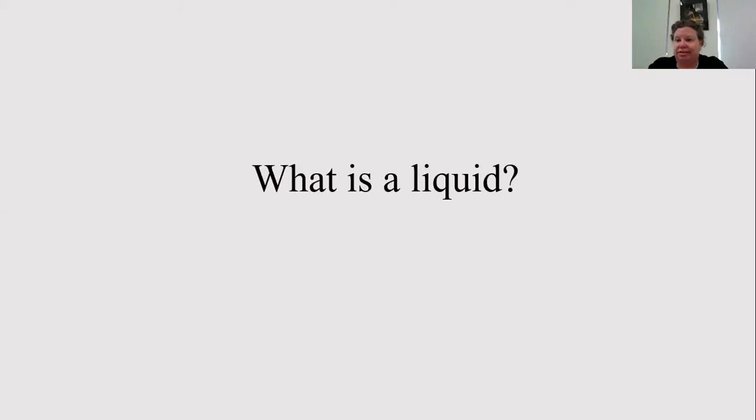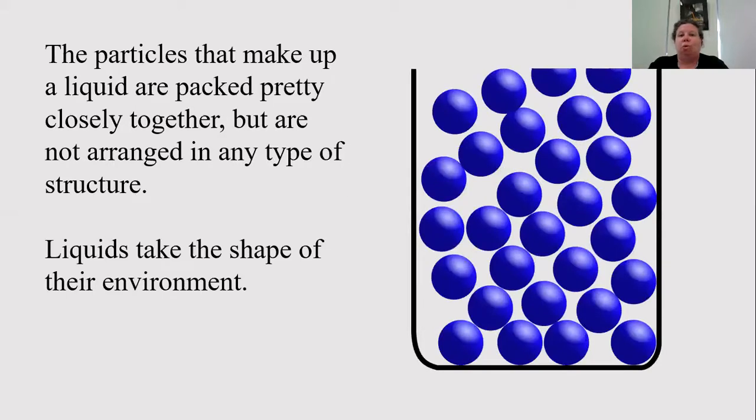Another state or form of matter is called a liquid. Do you know what liquids are? Well, liquids also have atoms in them, and they're packed kind of close together, but they don't have any type of structure.